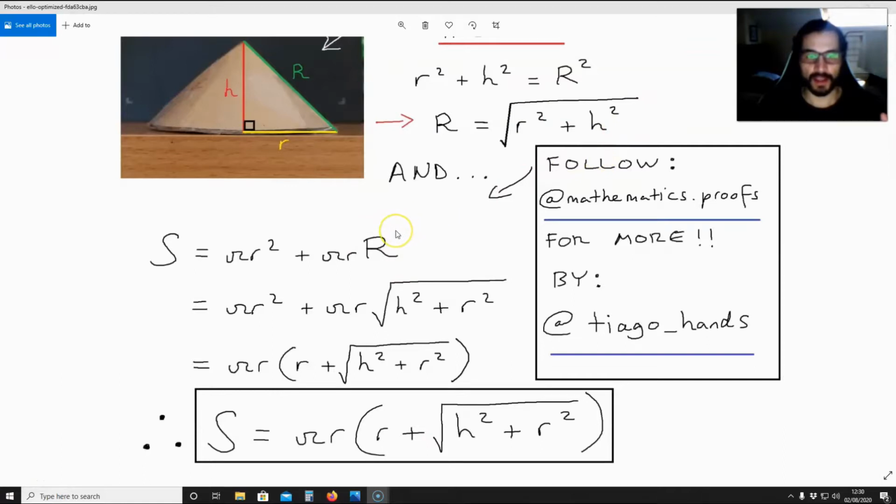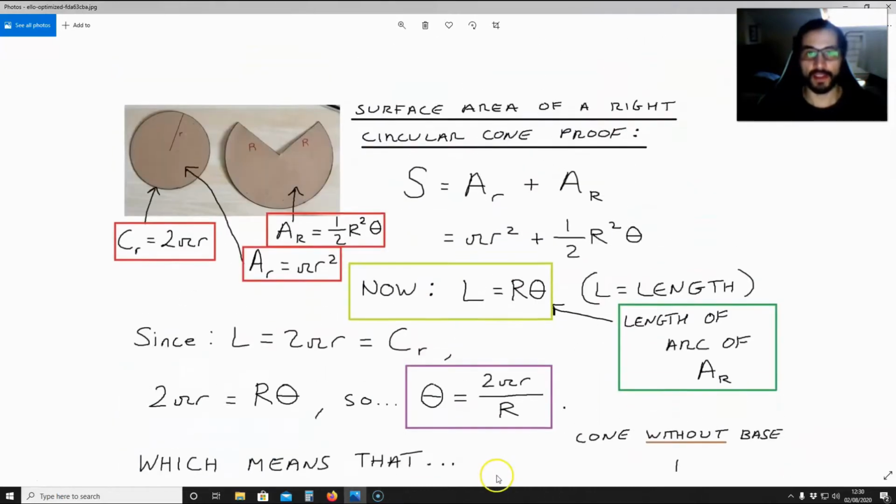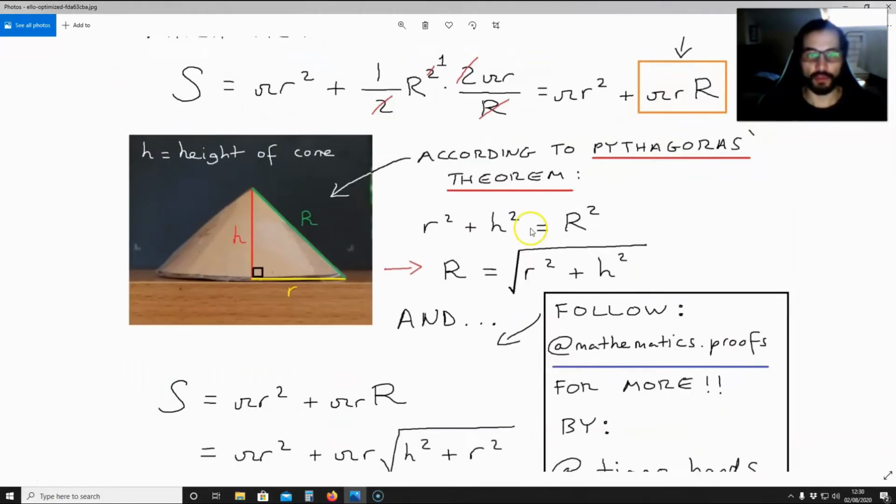We're plugging the value into this equation over here, so we end up with this, and then we simplify using brackets, so we end up with pi r multiplied by r plus the square root of h squared plus r squared. And what we end up with is this beautiful formula over here for the surface area of a right circular cone.